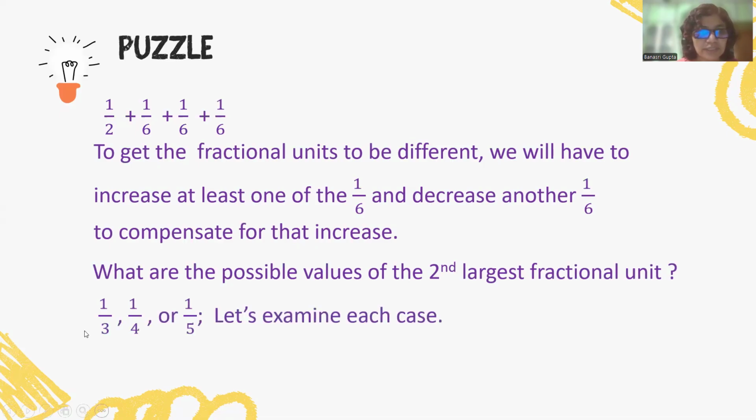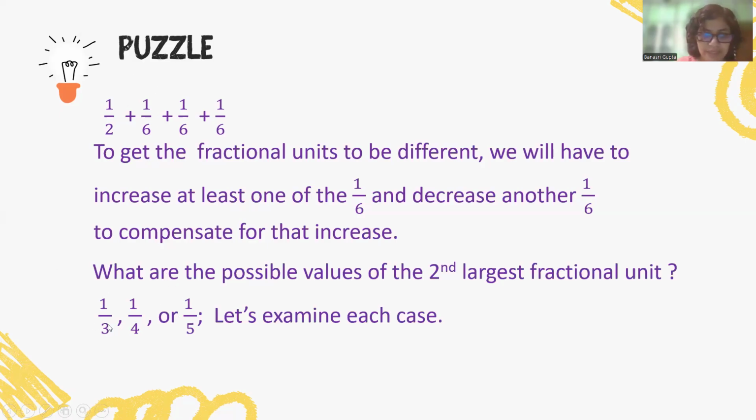It can be 1/3, 1/4, or 1/5. It cannot be half because half is already fixed. And it cannot be 1/6 because we have to increase it from this value, right? So one value has to increase. So it can be 1/3, 1/4, 1/5. These are all greater than 1/6.